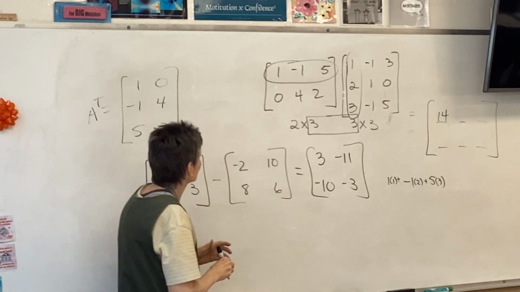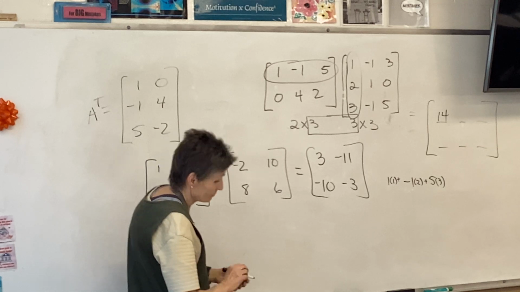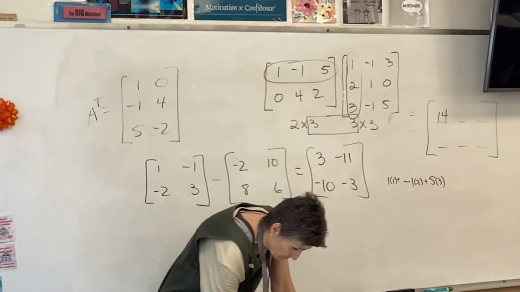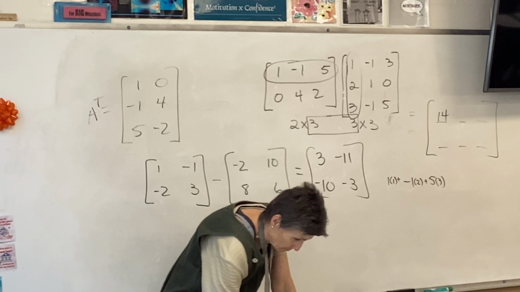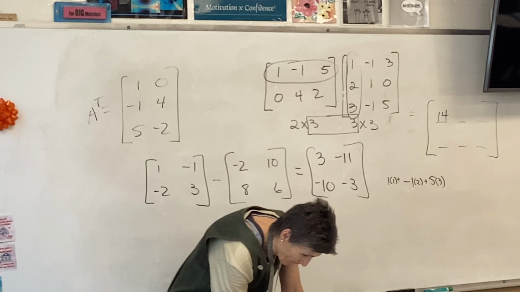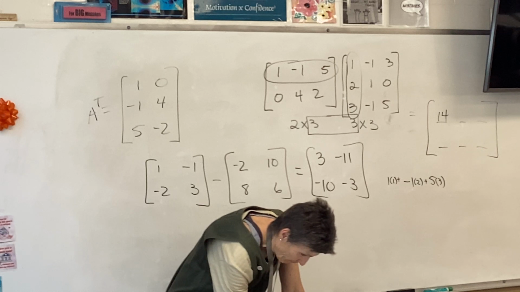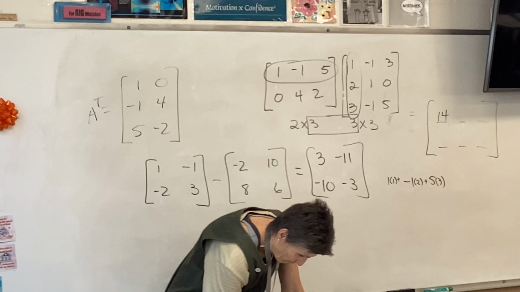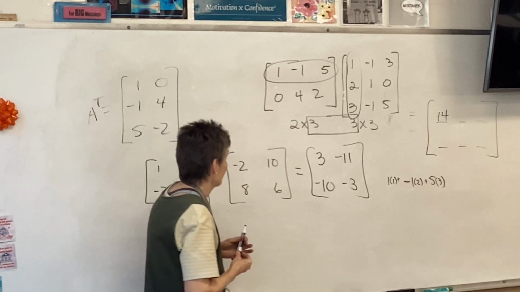Minus 1. Minus 5. Negative 7. Is that negative 7? That's what I got. You guys got negative 7. You got 3.